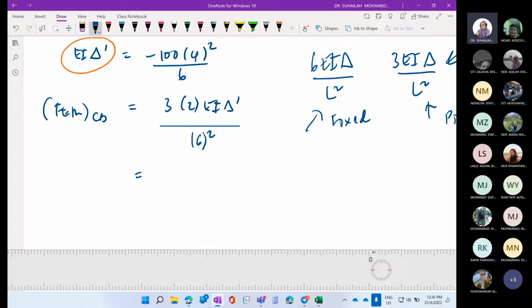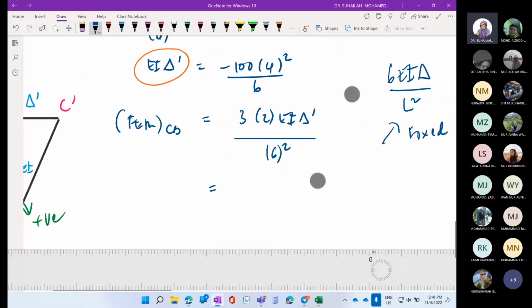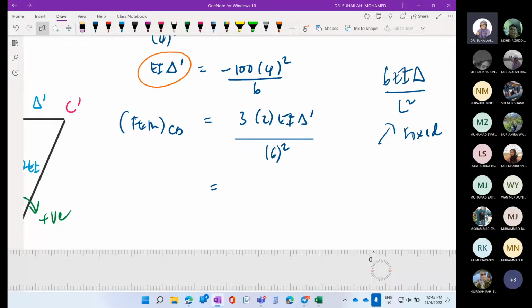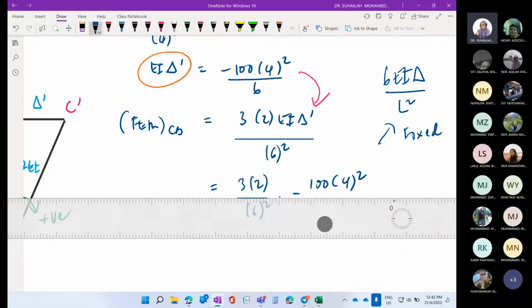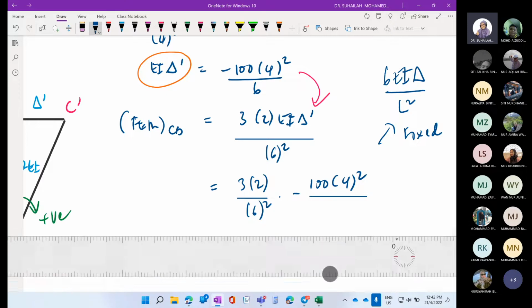So what we need to do is substitute this into this. When we substitute, we get 3 times 2 divided by 6 squared, times the negative 100 times 4 squared divided by 6.